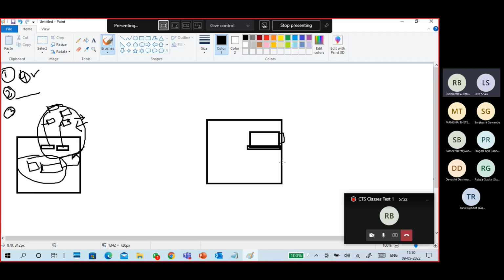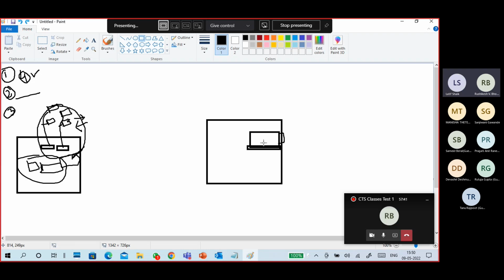Now it has small connectors, internally as well as externally.